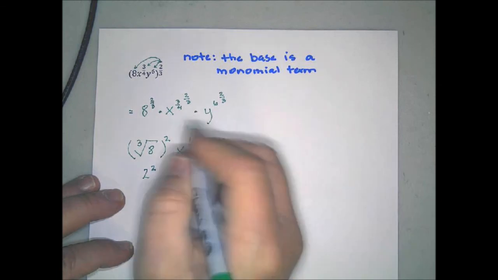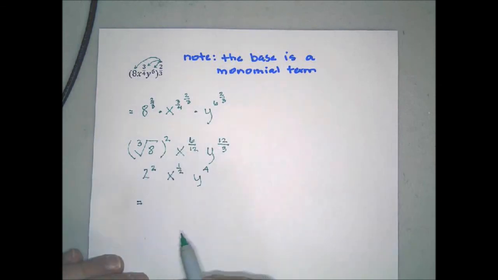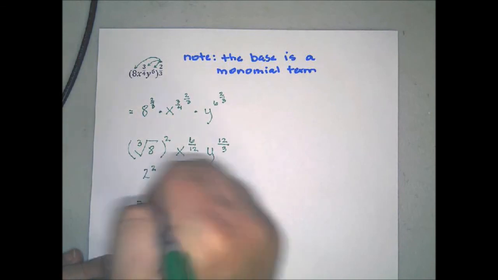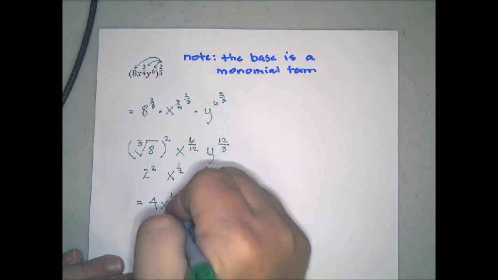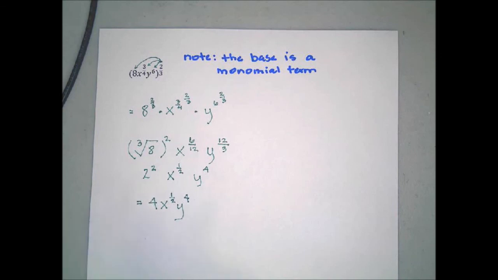So we can clean this problem up and finally write the most simplified answer as 2 squared, which is 4, x to the 1/2, y to the 4th. And that's it.